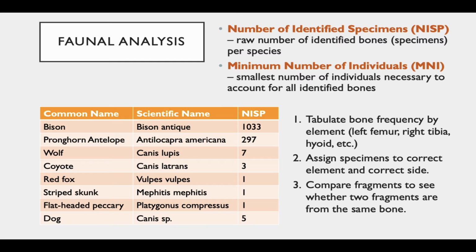And then you compare fragments to see whether two fragments are from the same bone or if they actually represent two individuals. So in the case of the coyote bones that we see here in the table, if all three bones are left femurs, for example, well, we know we have three coyotes represented in that assemblage, whereas the bison, there's 1,000 NISP there, but might only be one or two individuals itself. It's going to depend on the analyst and what they're able to observe.